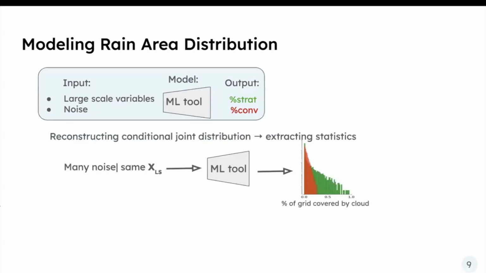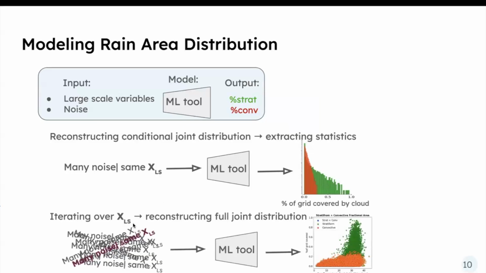So now if I pass many noise samples conditioned on my larger scale, that's going to give me this conditional distribution, then I can measure the statistics of that distribution. And if I iterate over all of the larger scale variables that I have, I can reconstruct this whole joint distribution of my stratiform and convective rain.